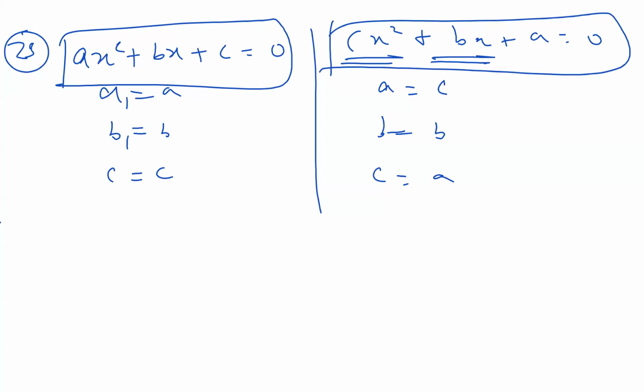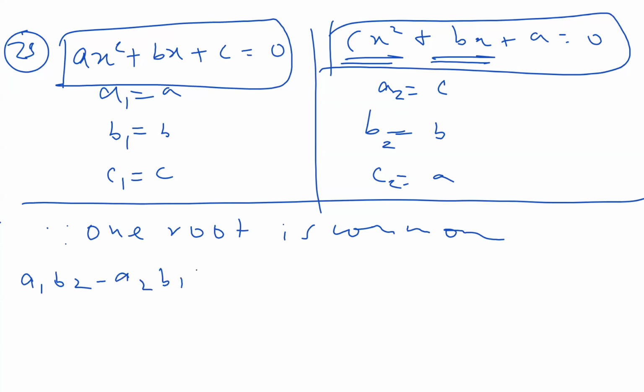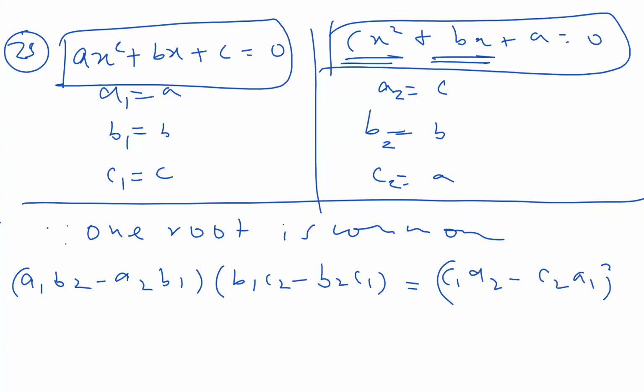So this will be a1, b1, c1, a2, b2, c2. It's not too lengthy, this problem. Just be attentive. Now, since one root is common, as given in the problem, a1 b2 minus a2 b1 into b1 c2 minus b2 c1 equal to c1 a2 minus c2 a1 the whole square.